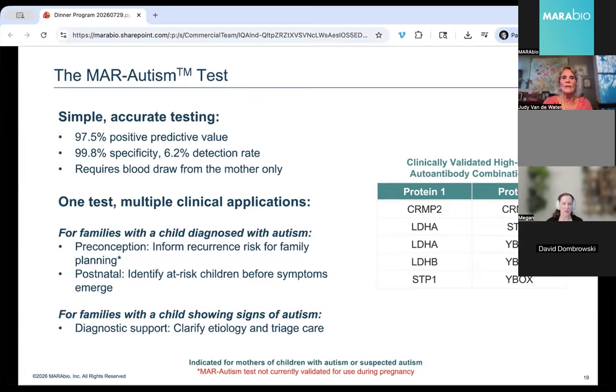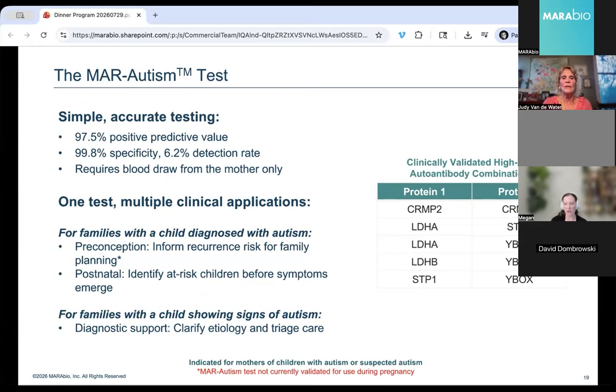The second indication for the test is for families with a child showing signs of autism. So, that's going to be different depending upon who they're presenting to in that kind of clinical care pathway. But, there's a concern for autism. Maybe they're not meeting milestones. Maybe they have shown as high risk on a common screening tool, but they haven't yet received a formal diagnosis.